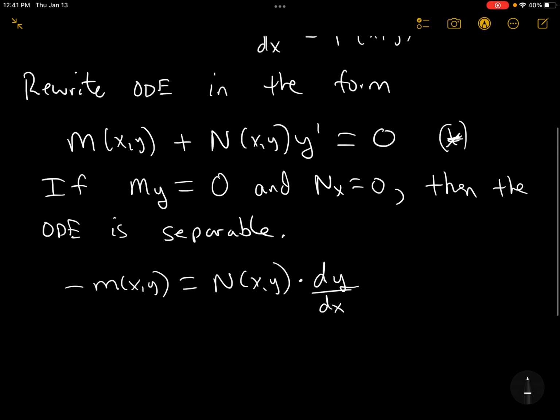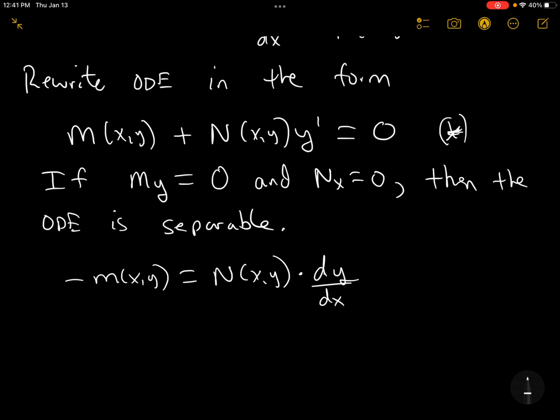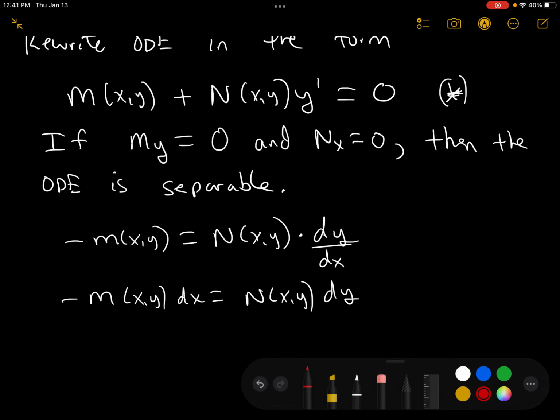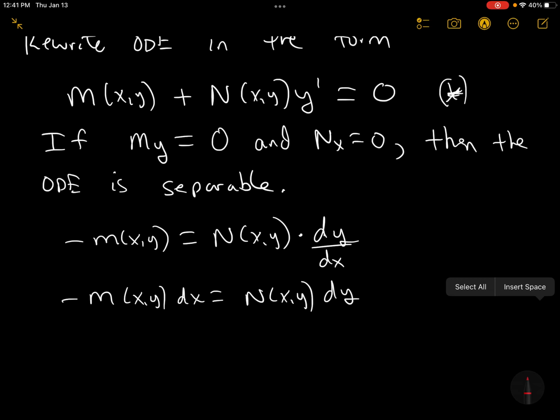Then move the dx over to the left-hand side here. So we have M(x,y) dx equals N(x,y) dy. And since the x partial of N is 0, that means there are no x's here, so I have N as a function of y only.